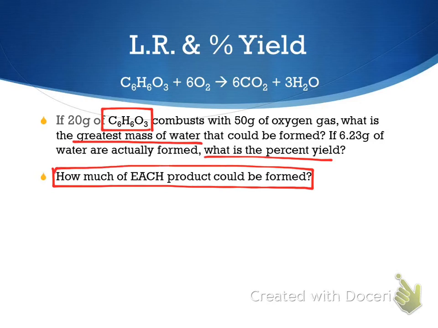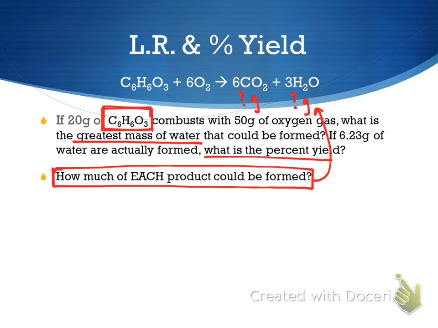Each product means we want to know the number of grams of hydrogen and the number of grams of carbon dioxide. The good news for us is that we already solved the number of grams. We already found how many grams of water could be formed, based on the fact that we found our limiting reactant.